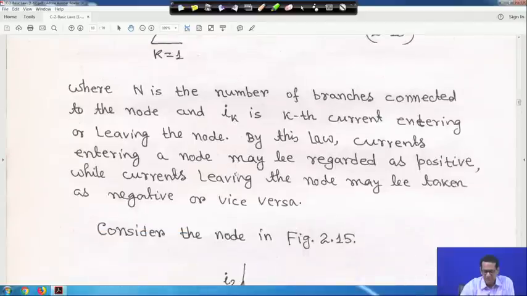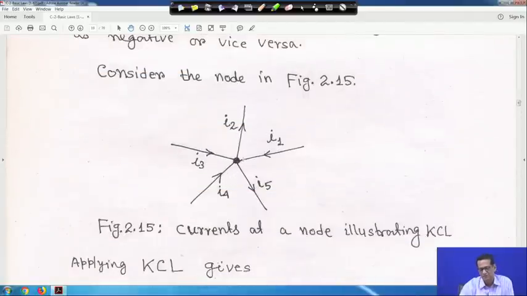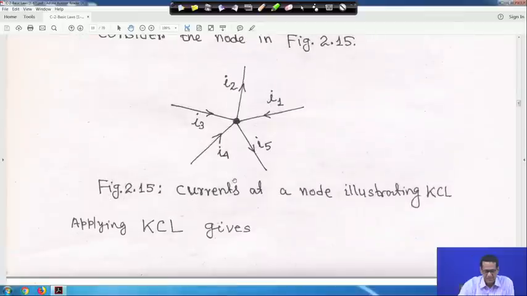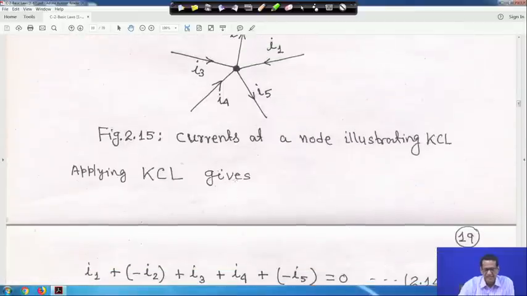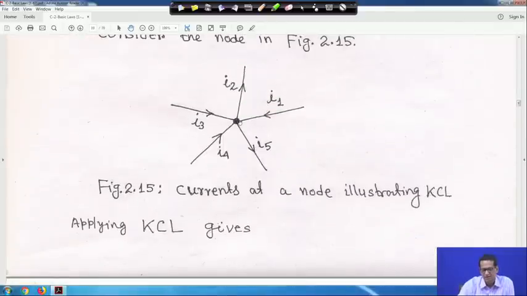For example, take this diagram. In this case only one node is there. Looking at the currents, I1, I3 and I4 are incoming currents, and I2 and I5 are outgoing currents. If we apply KCL at this node, the algebraic sum of the currents meeting at this node is 0.